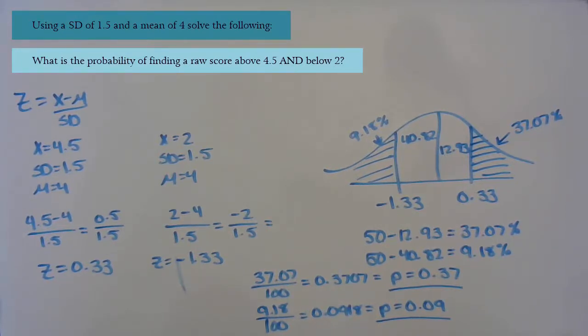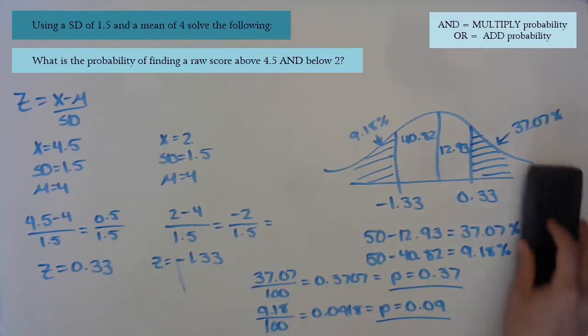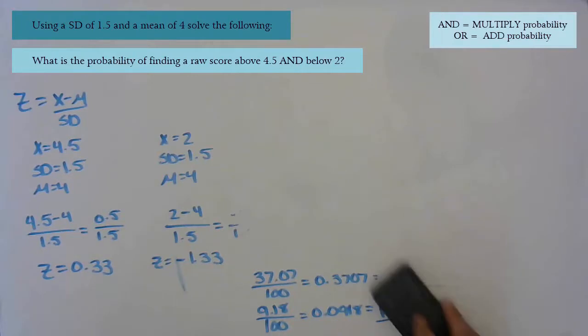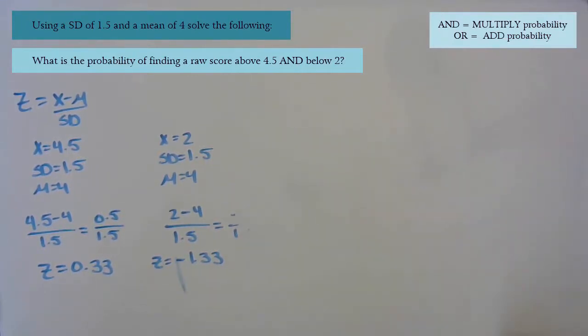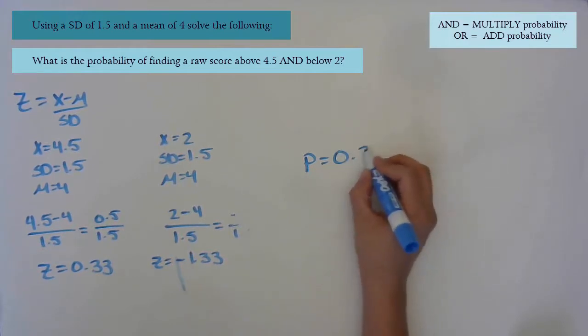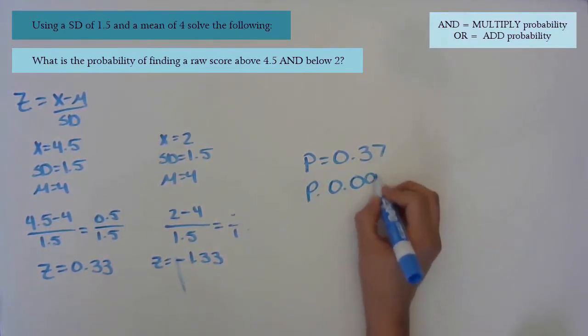Okay, now if we look at our problem, it says what is the probability of finding a raw score above a 4.5 and below a 2? Now when you see that word and, that means that you are going to multiply those two probabilities. So our probabilities that we had was 0.37 and 0.09.